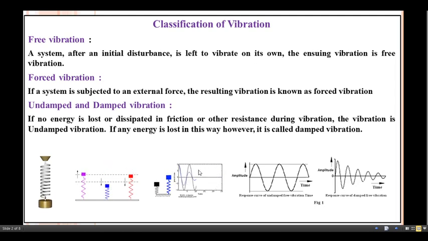This is also known as periodic motion. This case is shown here, amplitude versus time. The response curve of undamped free vibration comes like this, periodic. And if you look here, the response of damped free vibration goes in reducing order. So this is the case of damped vibration.